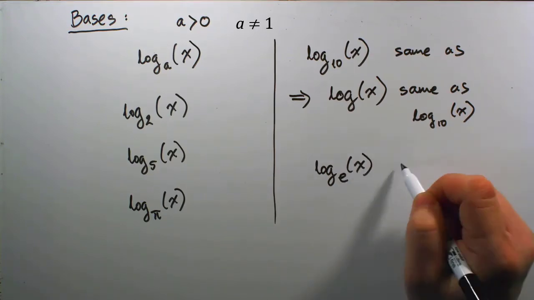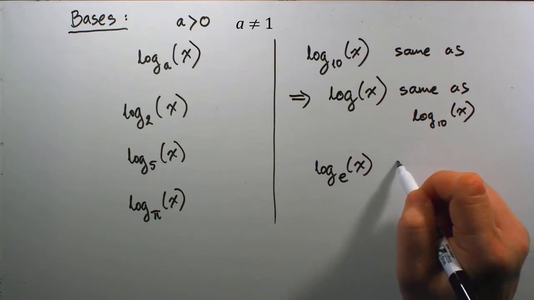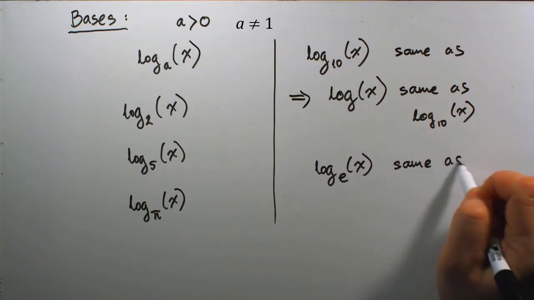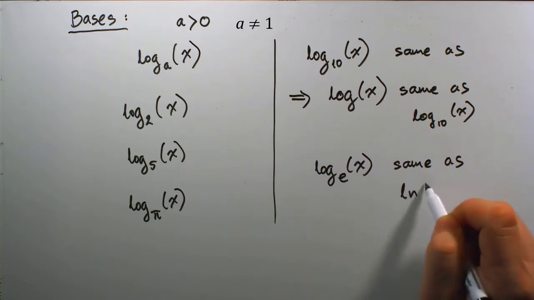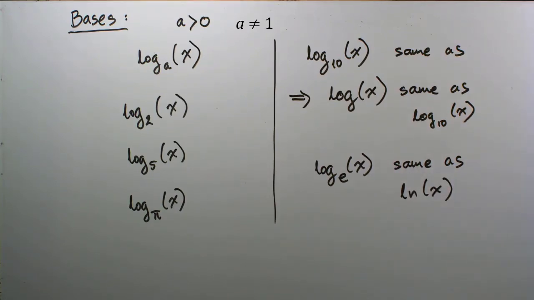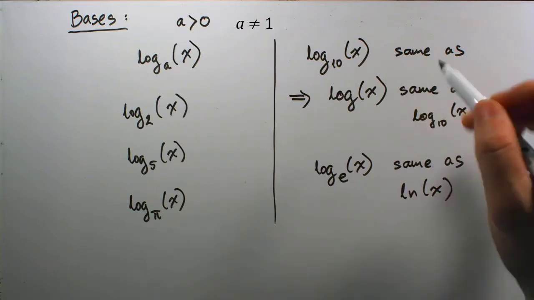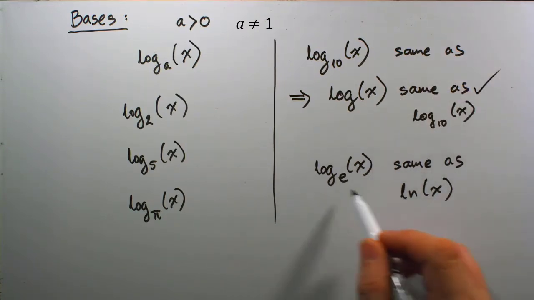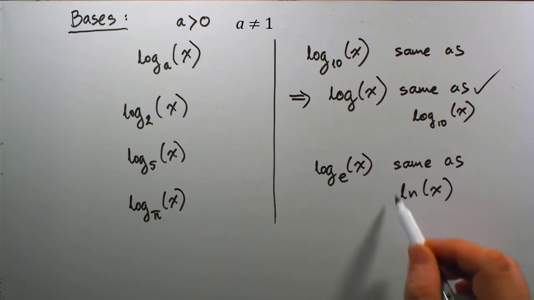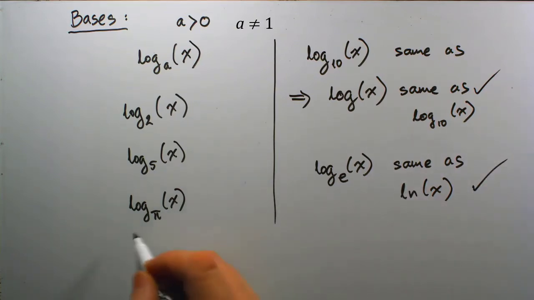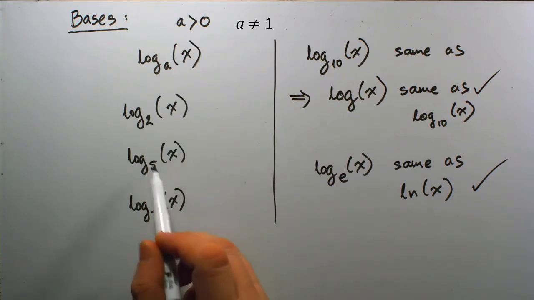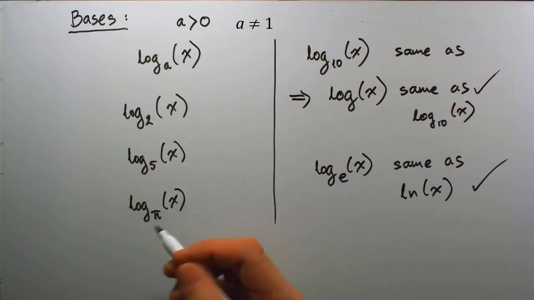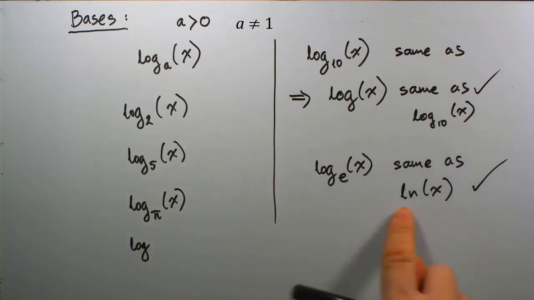Here I'm talking about how different bases can change the way we write the notations for logarithm. So log base 10 is special, we skip the base. Log base e is special, we don't skip the base, but we write it as a shorter symbol, ln of x. Any other bases, like base pi, base 5, base 2, base 2.5, base 0.5, any other base other than these two special bases.